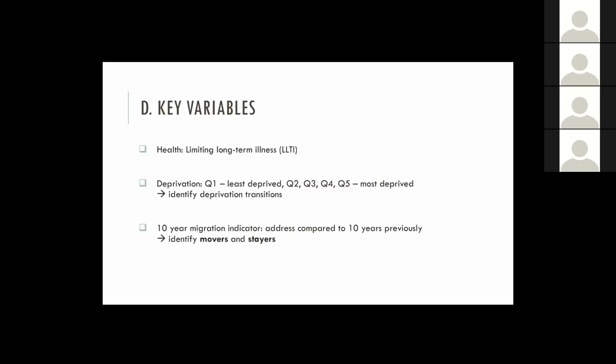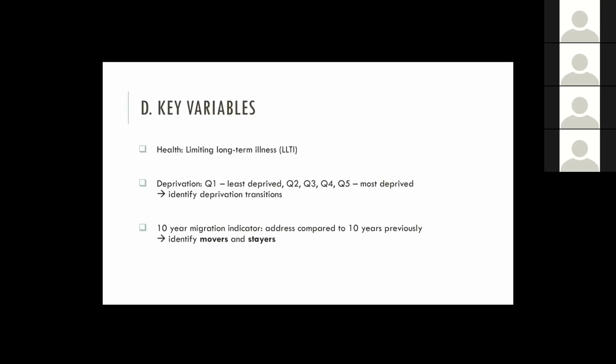By identifying these different deprivation quintiles, you can then identify transitions between those quintiles between 1991 and 2001, or 2001 and 2011. So has someone moved into or out of the least deprived area? Has someone moved into or out of the most deprived area? Or has someone just churned within quintile 2, 3, or 4?